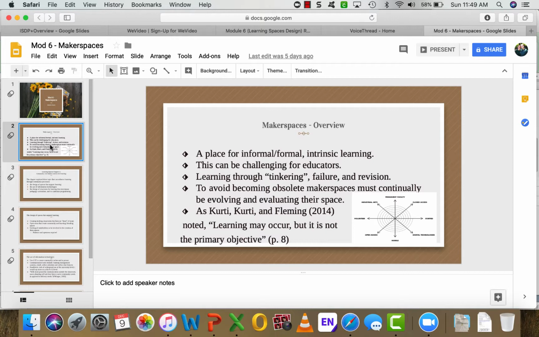But even though we don't really have the context to build things particularly, a lot of the things that makerspaces use in the thinking process are similar to what I would like my students to be thinking about in my class.